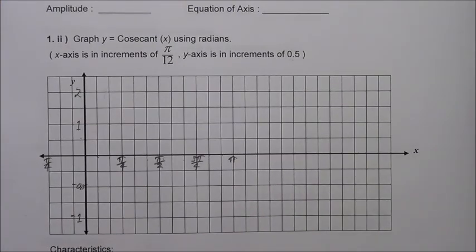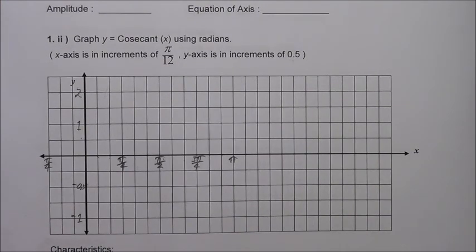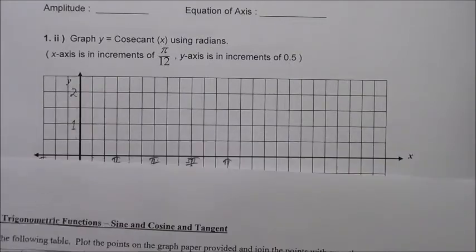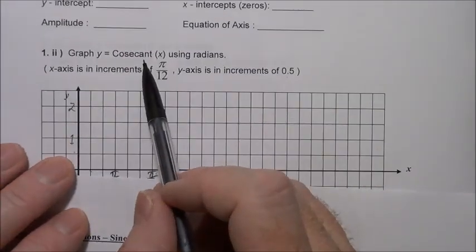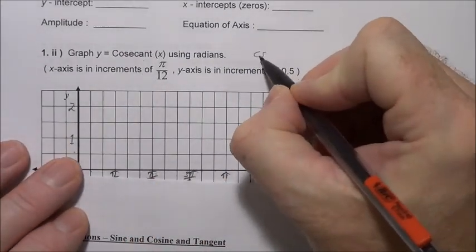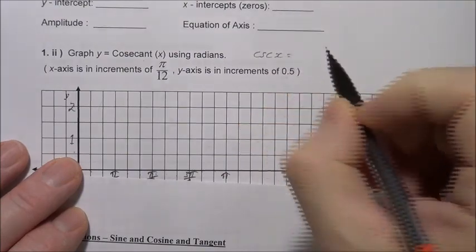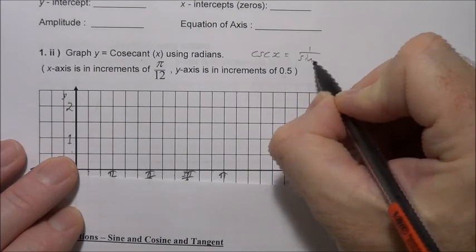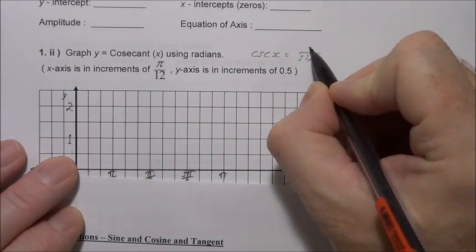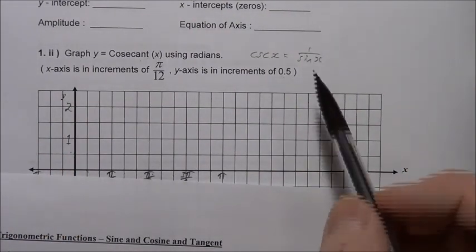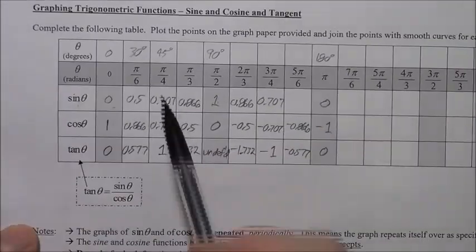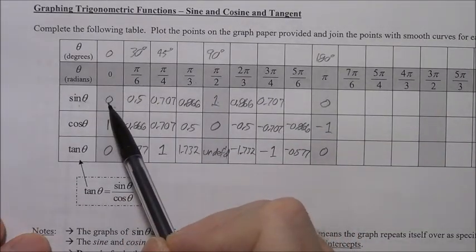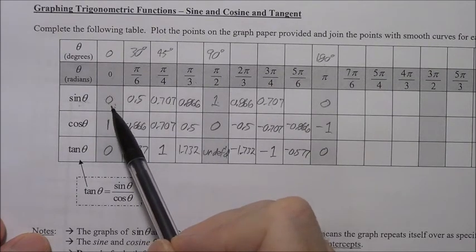The very first thing I want to look at, though, is the fact that we know that cosecant theta, or cosecant x, I guess because we're using x in this case, is the reciprocal of sine x. So that means that here, when sine theta is 0, we're going to be dividing by 0.